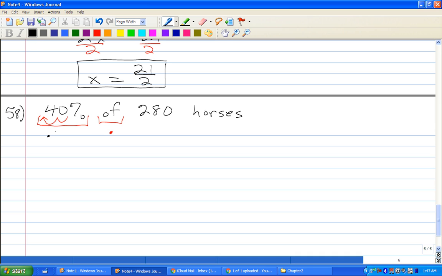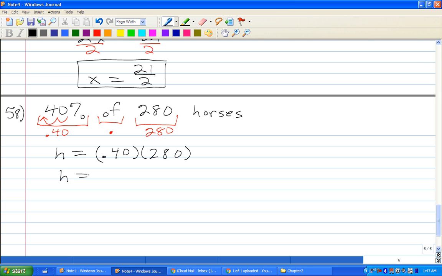So 0.40 and 280. And so x, or h, the number of horses, is equal to 0.40 times 280.